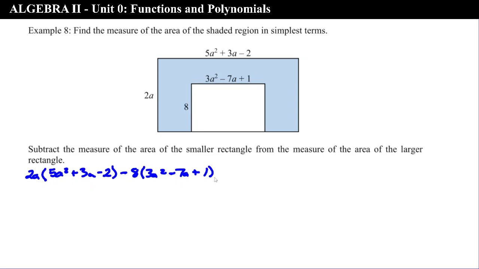So now we're just going to multiply our monomial to our first polynomial, and then our second monomial to our second polynomial. I'm going to go ahead and go to another line here, just so we have the space. So you remember how to do that from just a little while earlier. We have 2a times 5a squared, and then plus 2a times the second term, being 3a, plus 2a times the third term, which is negative 2.